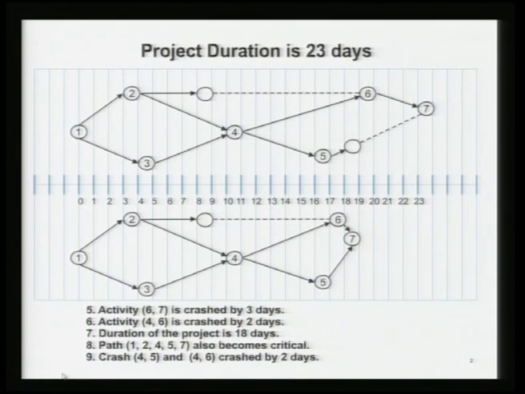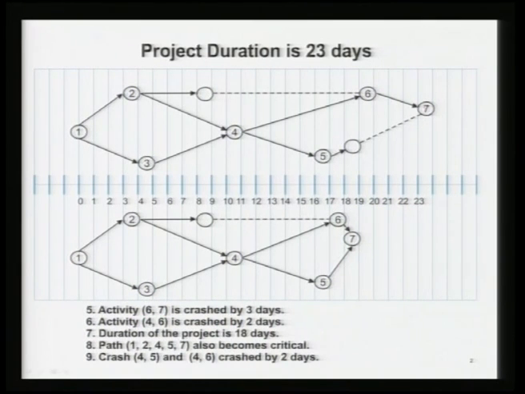So, the project duration is 23 days, which you can see from here, right, and you still have activities 2,6 and 5,7 having slack, but 4,5 is no longer having a slack, and therefore, it was 3,4 I think. So, anyway, you had 2 paths become critical, 1, 2, 4, 6, 7 and 1, 3, 4, 6, 7. Both these paths became critical, as I pointed out in the earlier slide.